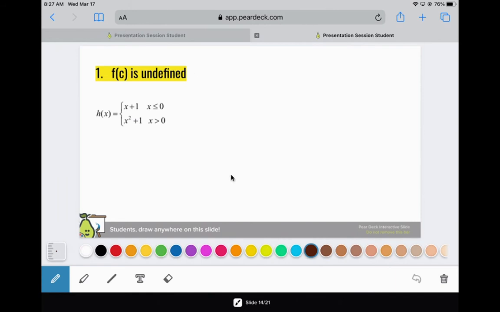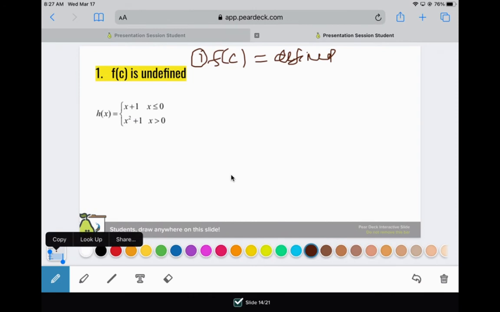So let's look at if the function is a piecewise function, and we want to know if the function is continuous or not. There are 3 criteria for the function to be continuous. So let's review. The first one is f of c is defined. My handwriting is much better than this. It's really hard to write on an iPad, so I promise you I have better handwriting. Step 2 is that we're going to check for the limit at that point.